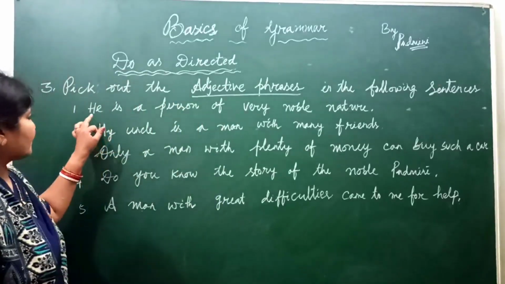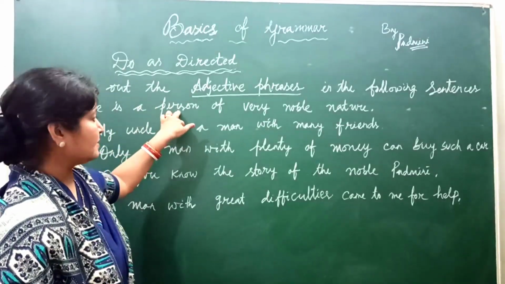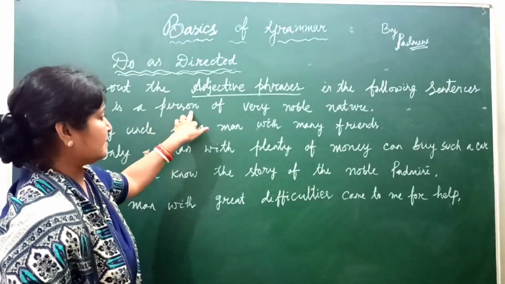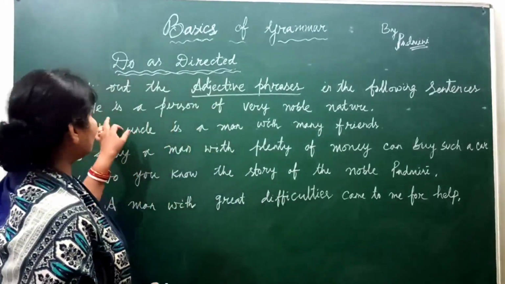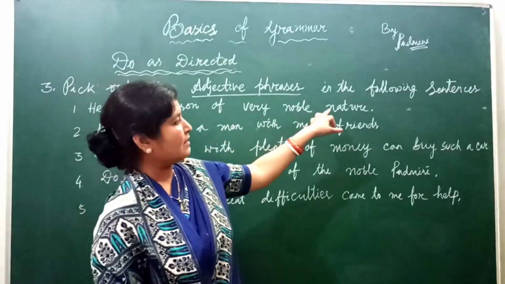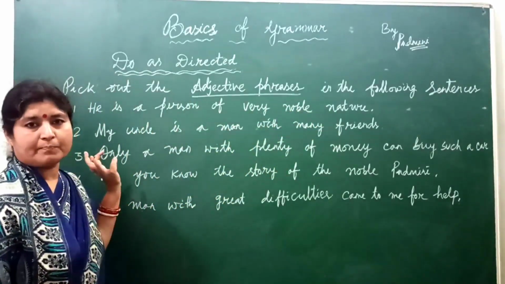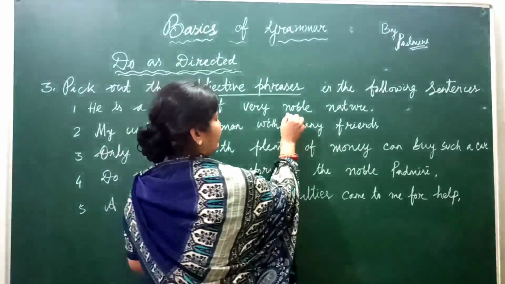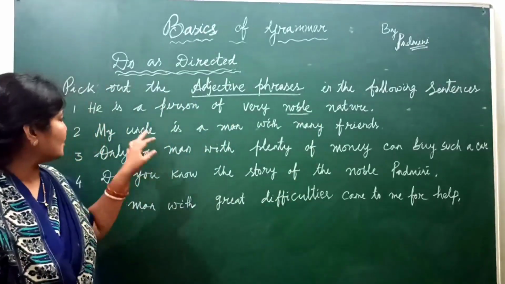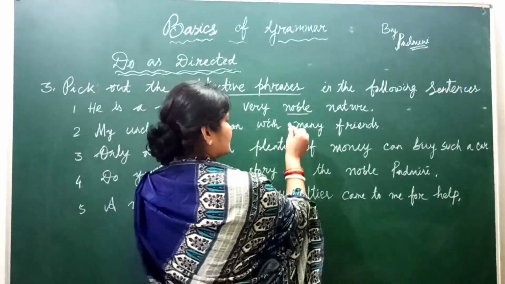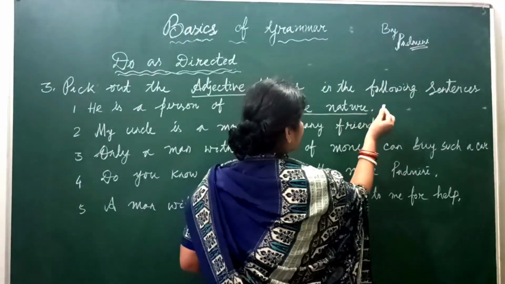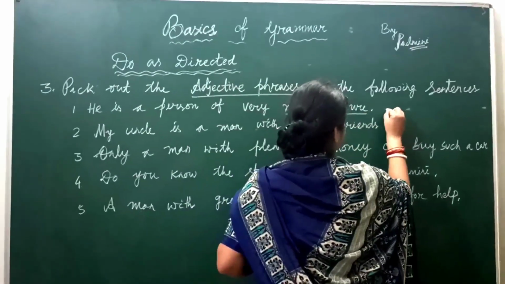So first one, he is a person of very noble nature. Here, find out which is the adjective. The adjective is noble. So, "of very noble nature" is the adjective phrase.